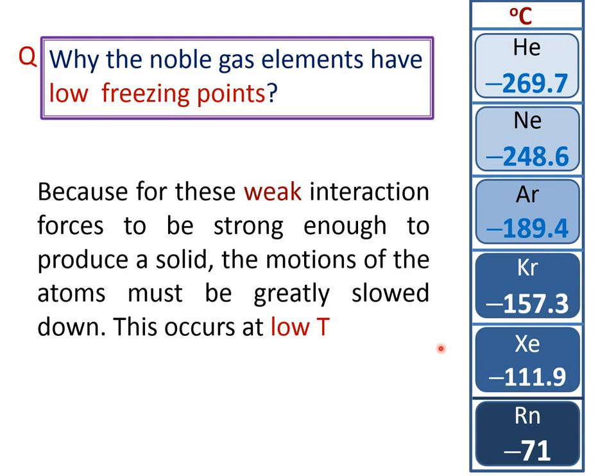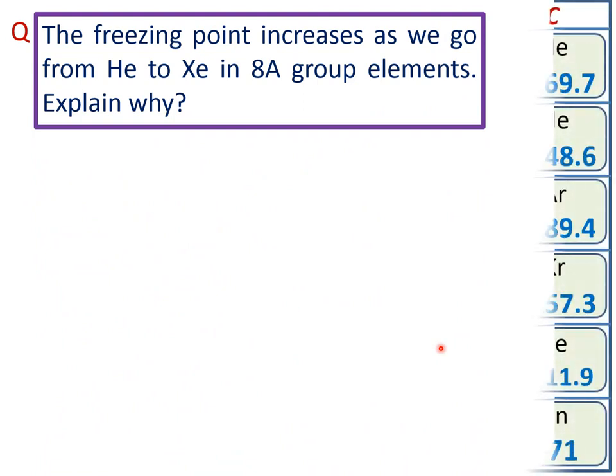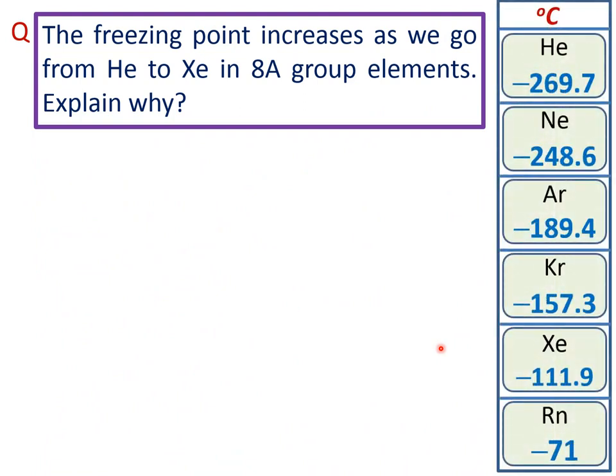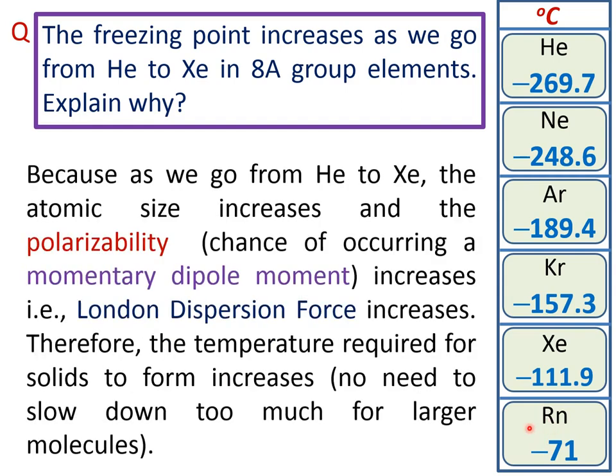As you go down the group, the size of the elements increases. When the size increases, the opportunity for having transient dipoles increases, and the London dispersion forces increase as well, and hence the freezing point increases. This is the reason.